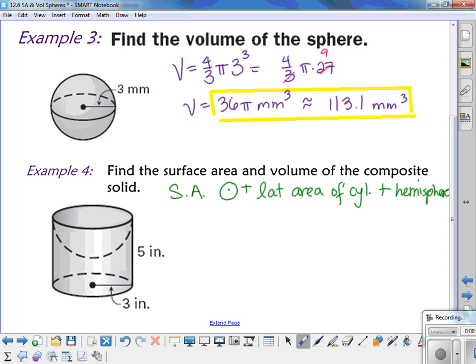So I need to find the circle, the lateral area of the cylinder, and the surface area of the hemisphere. So a circle, of course, is pi r squared. Lateral area of the cylinder is 2 pi rh. And my hemisphere is going to be half of the 4 pi r squared.